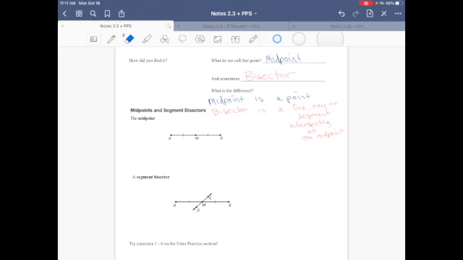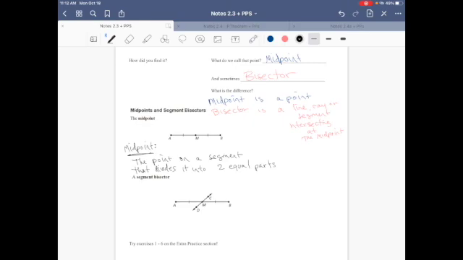So, the technical definition of a midpoint. The midpoint is the point on the segment that divides it into two equal parts.